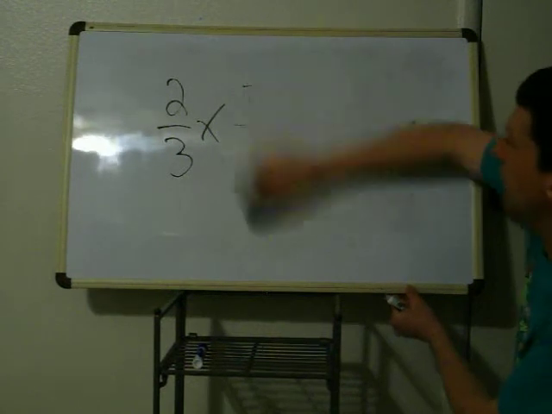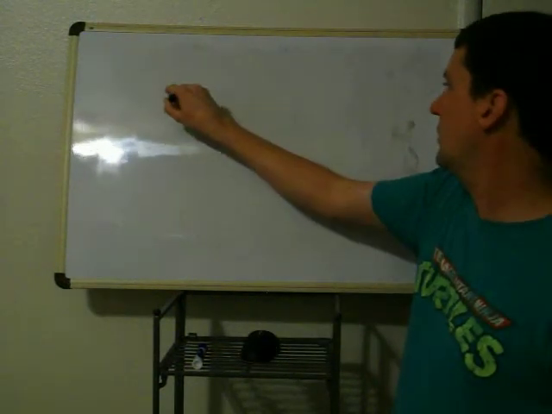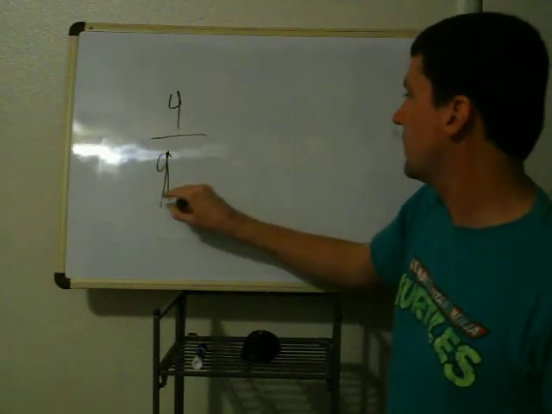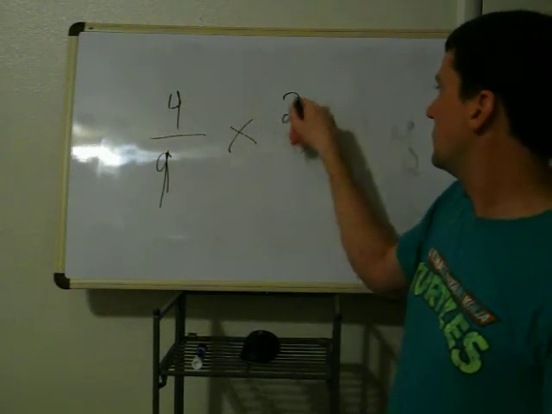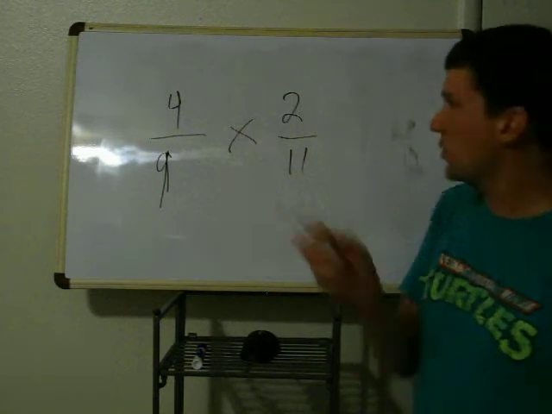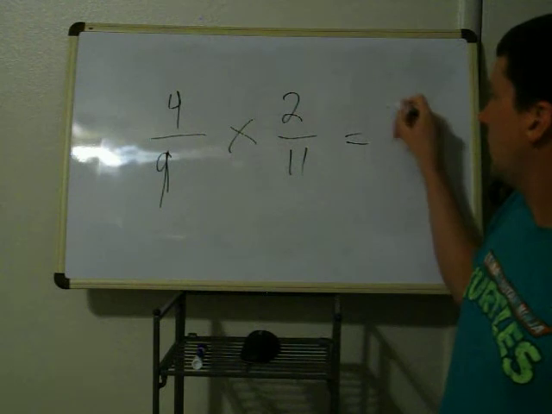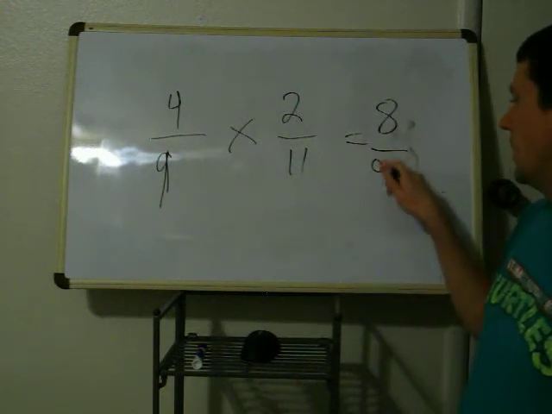Let's just do another one. Let's multiply 4/9 times 2/11. Same thing, we're just going to multiply across. 4 times 2 is 8, and 9 times 11 is 99.